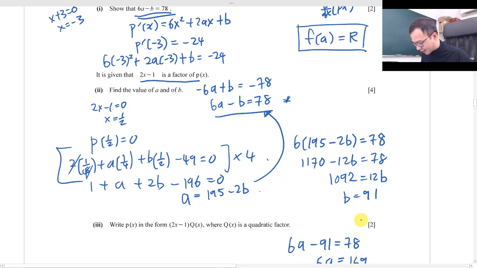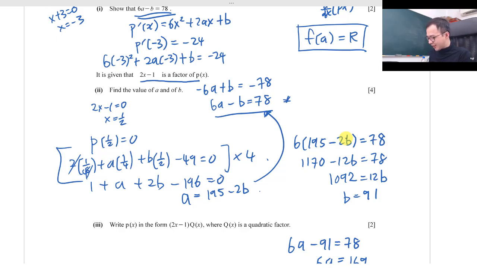So let me just double check here. I will get 4 here plus a plus 2b minus 196 equals 0. Negative 195. Did I type it wrongly? 49 times 4, 196. 195 minus 2b. 6a minus b equals 78. Alright, so 195 times 6, okay, so 12. So 1170 minus 78.